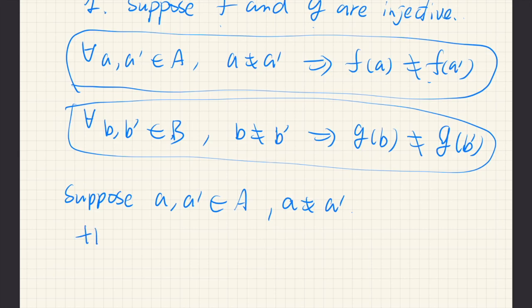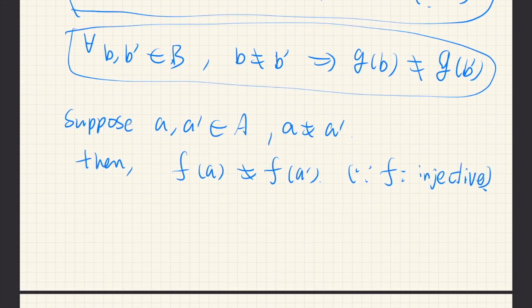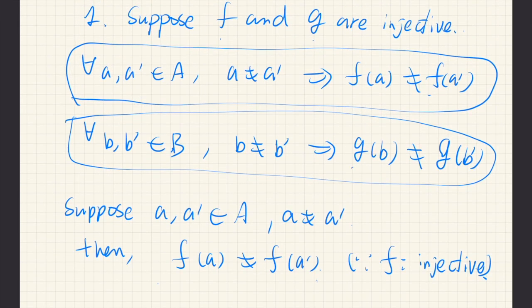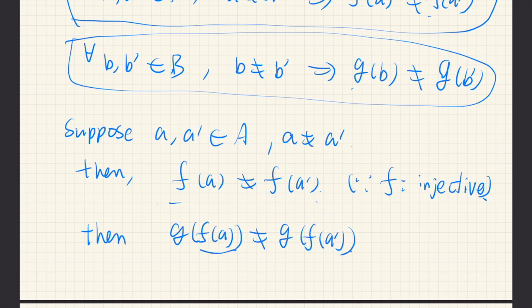Then we have f of A is different from f of A prime because f is injective. Okay. Now, to both sides, if we apply the map g, then since they are different, g of f of A must be different from g of f of A prime, because these arguments are different and g is injective.